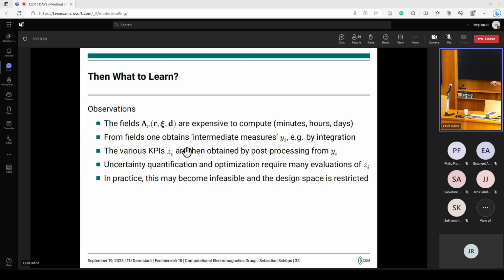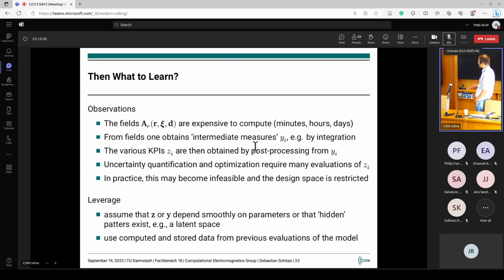So this is very cumbersome to take care of. But if you have some physical intermediate measures, then the derivation is physics-based, so it will make sure that stuff works. And that's clear. The leverage that we have is that our quantities of interest, that's what we need to expect, right, have some hidden smoothness, or there's a latent space behind from which we can actually learn something.